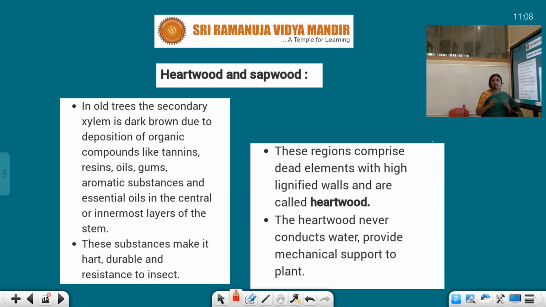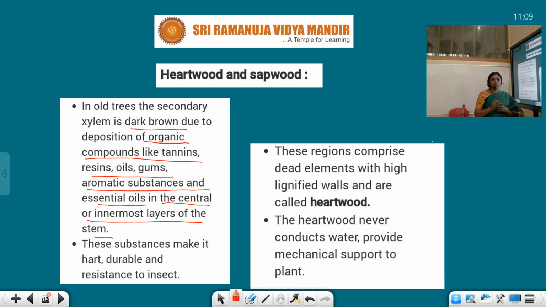It stores tannins, resins, gums, oils, and it is storing aromatic substances and essential oils in the central or innermost layers of the stem.